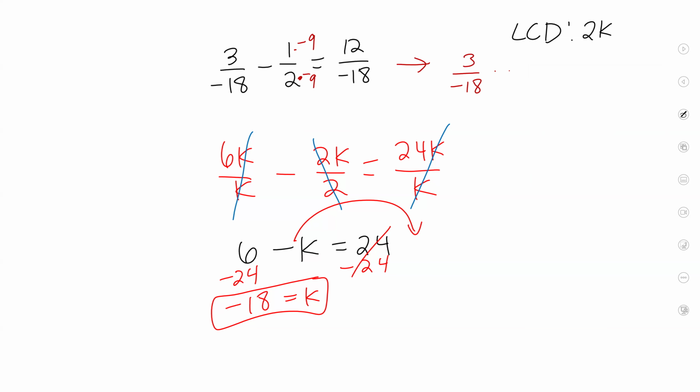This is negative and then a negative 9 up here, minus a negative 9, negative 18. These two negatives make a positive, right? So this is 3 plus 9, which is 12 over your negative 18. Perfect, that matches. So this is your answer.